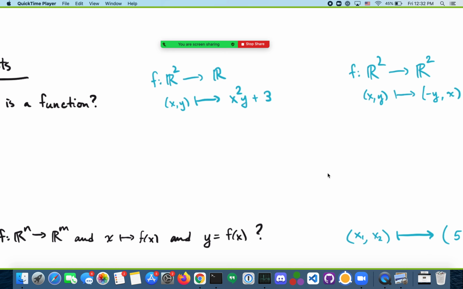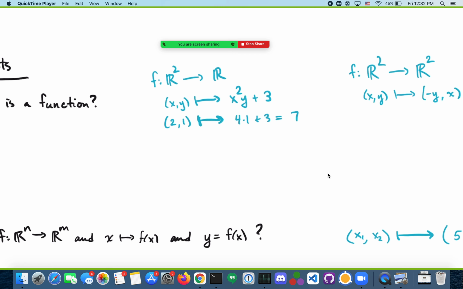First example. This is how we write down a map. It says that (x, y) goes to x squared y plus 3. What this means is the point (2, 1) in the plane goes to 4 times 1 plus 3, which is 7. So it's an assignment.